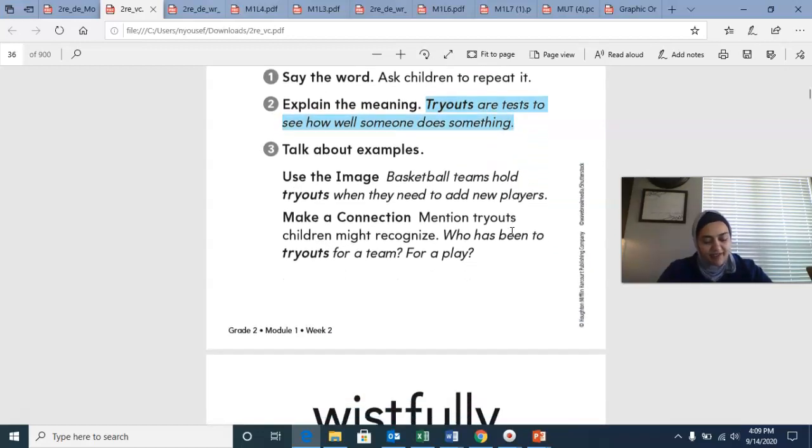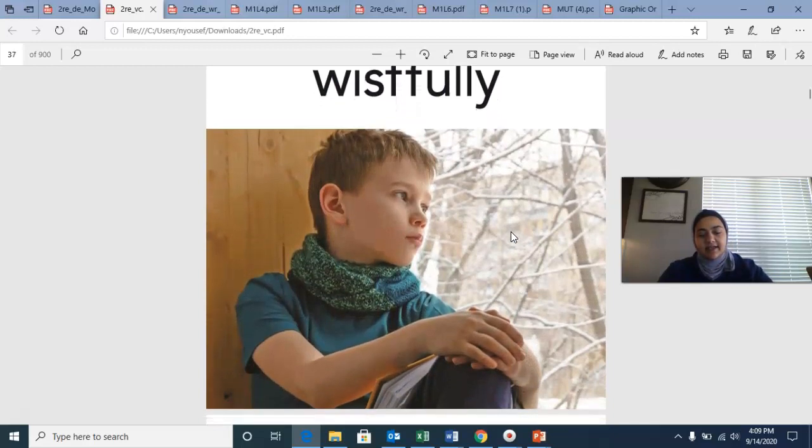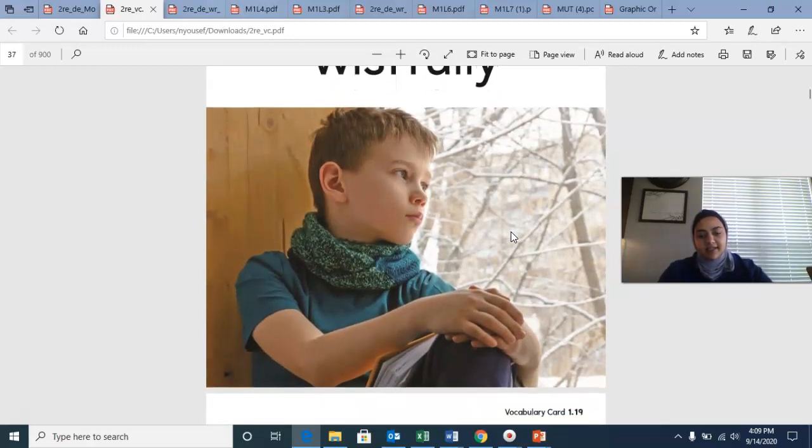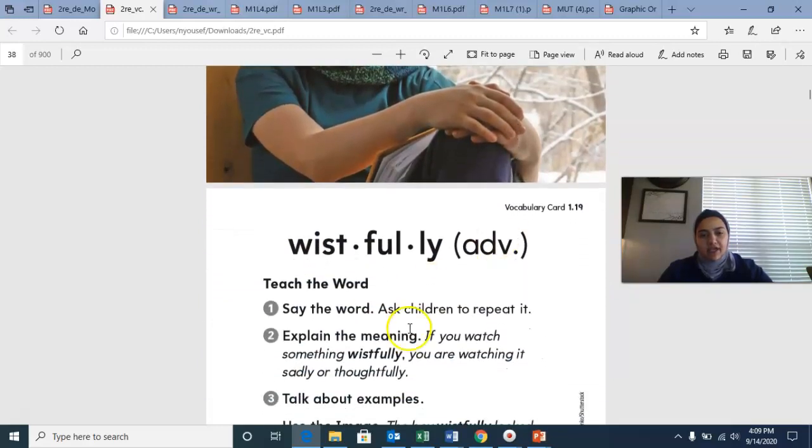The next word is wistfully. Look at this kid. He is looking out the window wistfully. He has a notebook in his hand. He looks like he's really thinking. If you watch something wistfully, you are watching it sadly and thoughtfully.